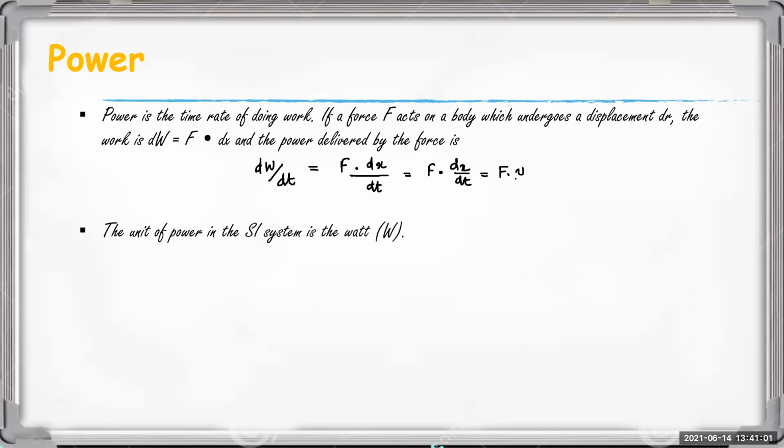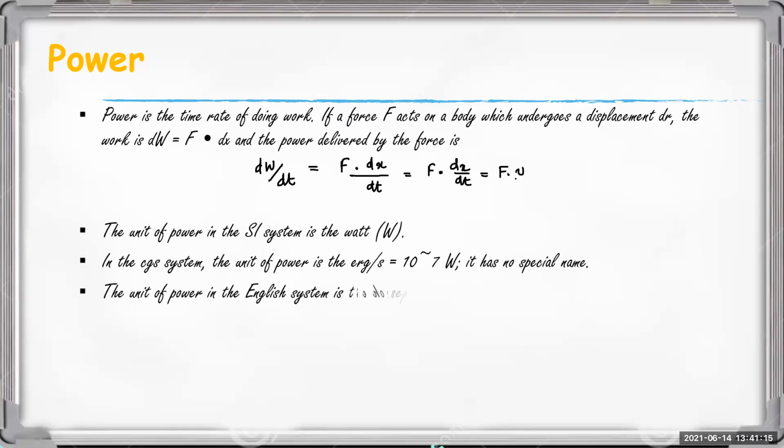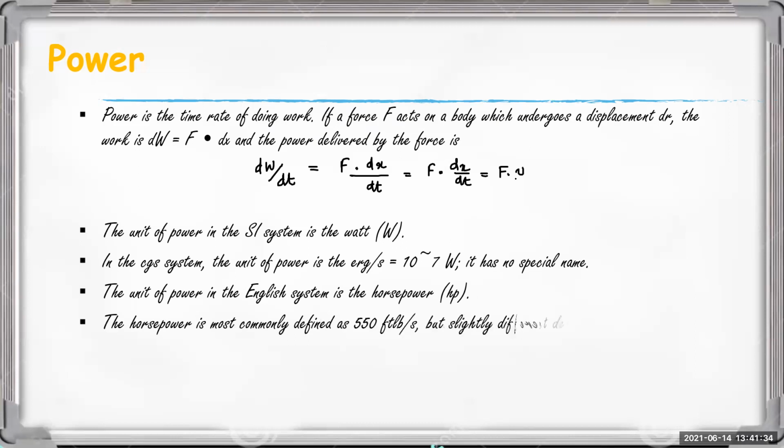The unit of power is the watt. In the CGS system, it is erg per second. The unit of power in the English system, that is the FPS system, is horsepower.